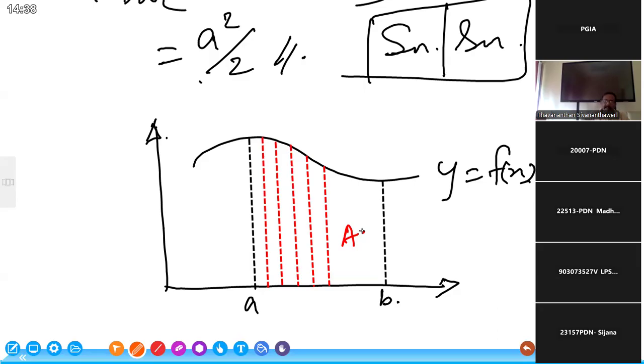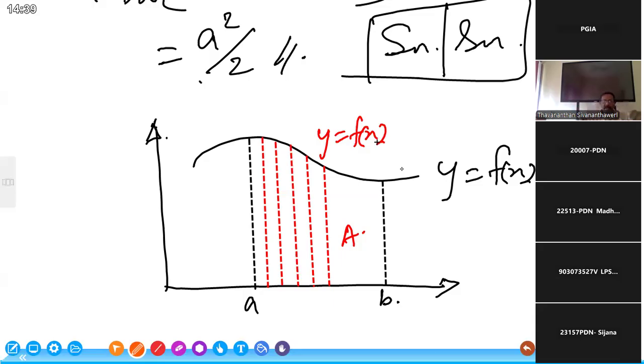In our previous example, we had a linear function, which is easy. This is a curve function, isn't it? This function is also a function of x, but it is a curve. For any curve function, we can divide the area into smaller rectangles, find the area of each rectangle, and accumulate it.